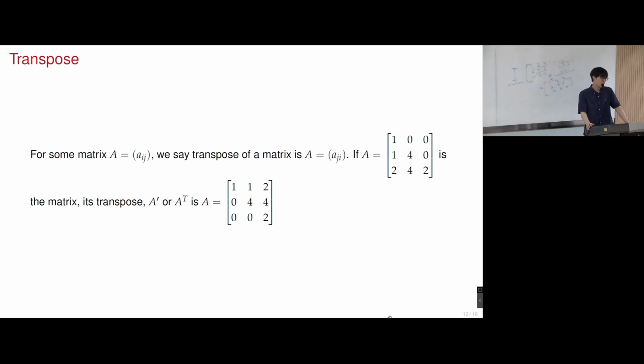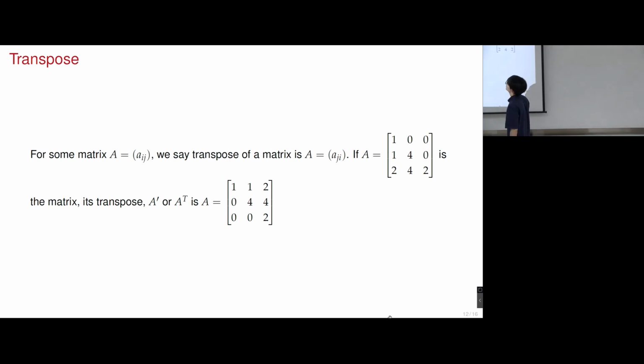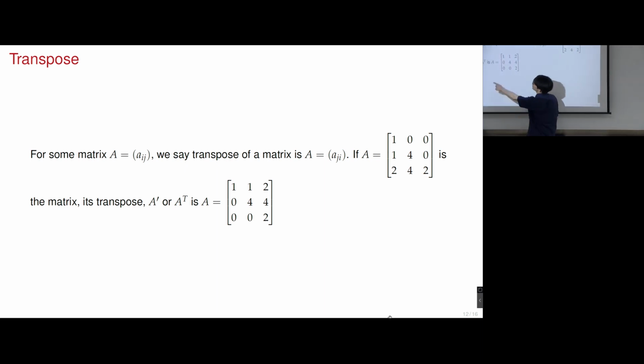All right. Another nice quality is that we have the transpose of a matrix. Although I don't know the name for this in English, only in Korean. For some matrix A, we sometimes denote matrices like that, where you have a parenthesis around Aij. Basically what this means is that it is the set of all elements where the values are indexed by ij.